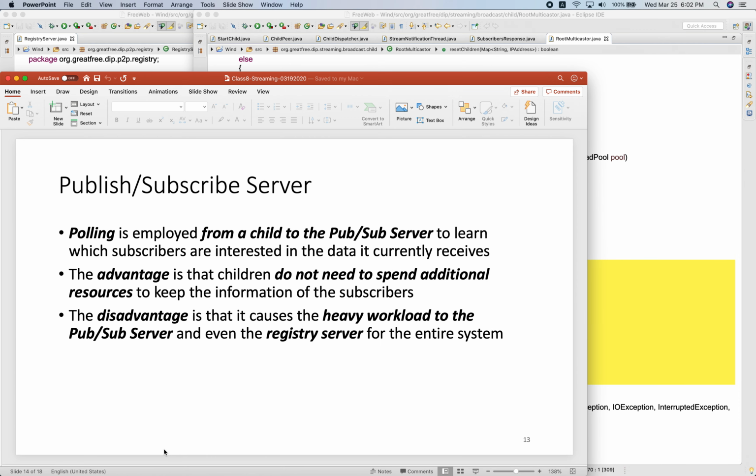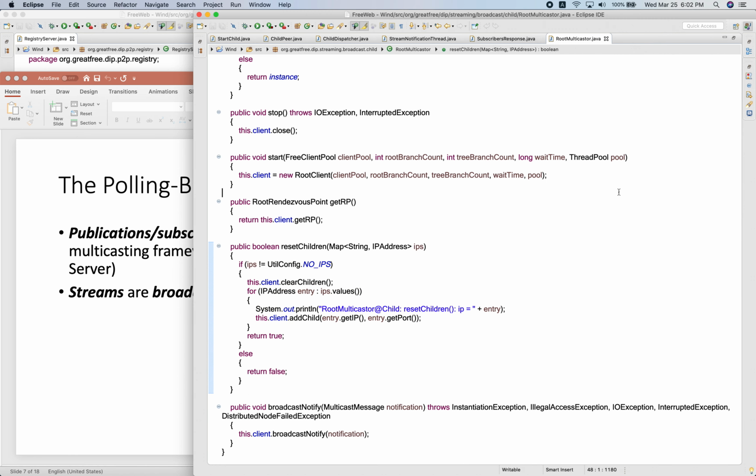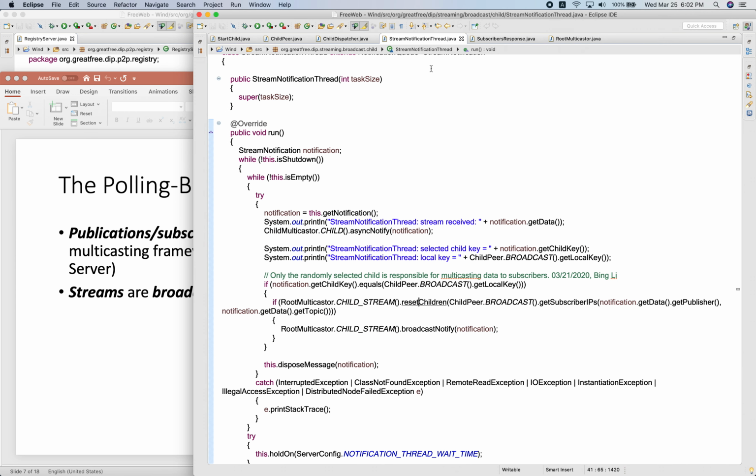We talked about that issue in the previous class. This one is called the polling solution, not the broadcasting solution. Each solution has its advantages as well as disadvantages. For this solution, each time you need to access the registry server, so the registry server will get a heavy workload. That is the disadvantage.